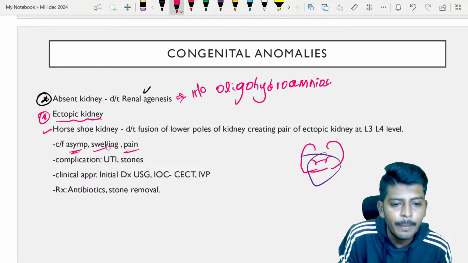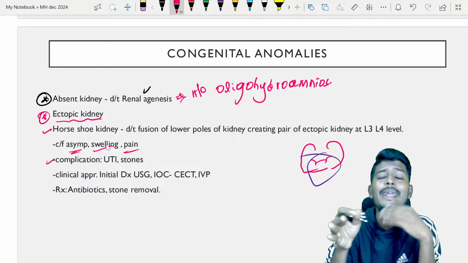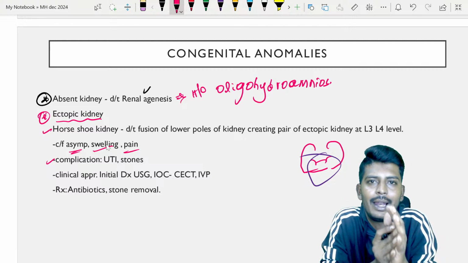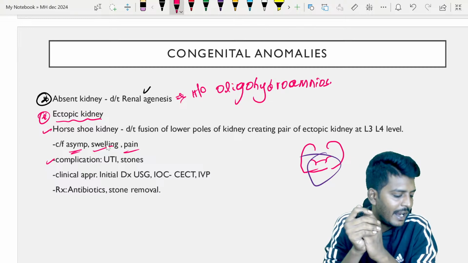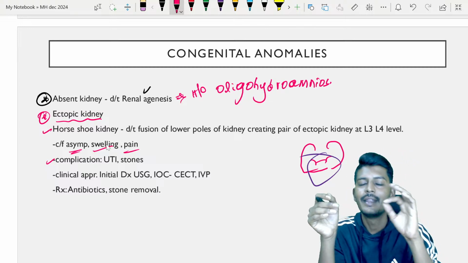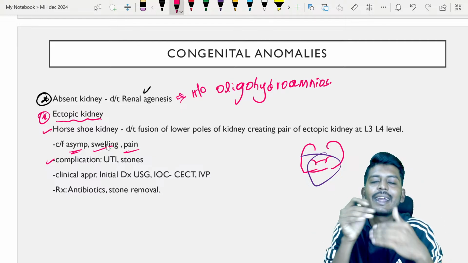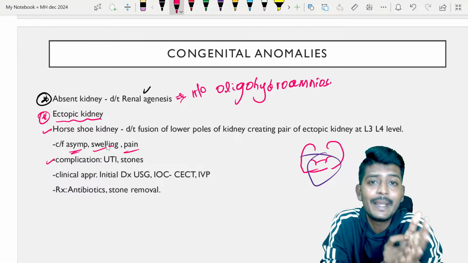Look at the complications. The urine flow will be impaired. In congenital anomalies of the kidney, it is very simple: the child will have recurrent urinary tract infection because normal anatomy has been impaired.